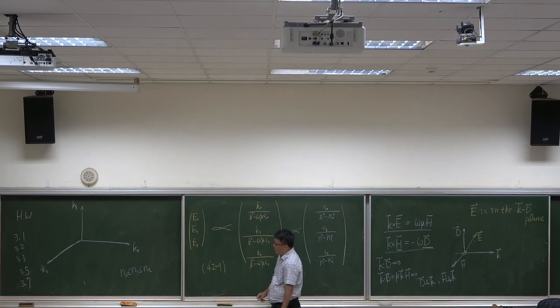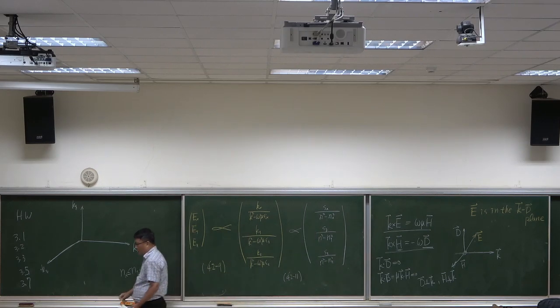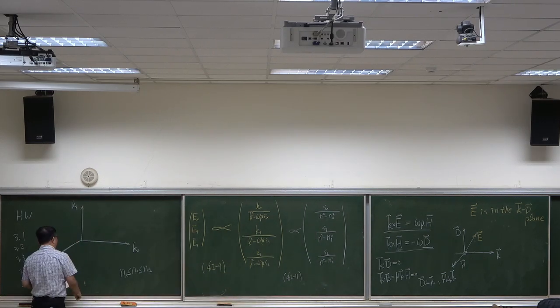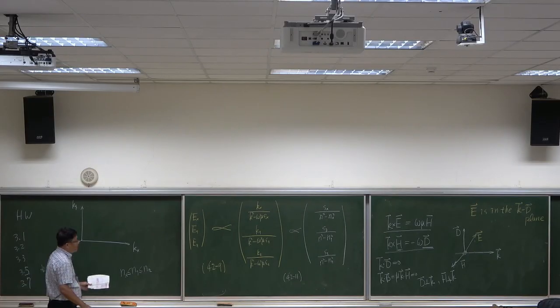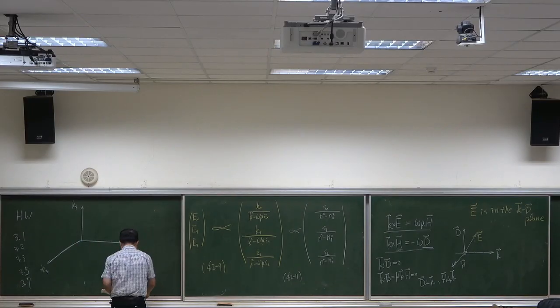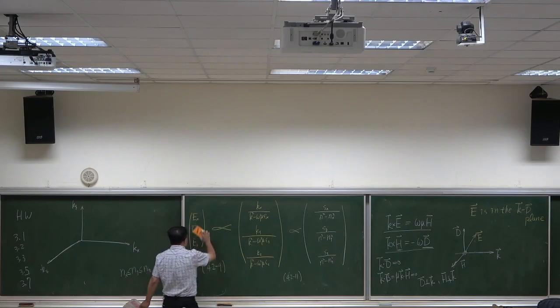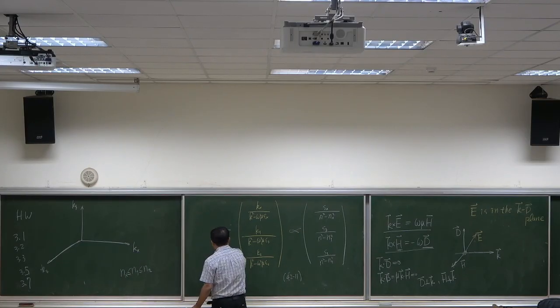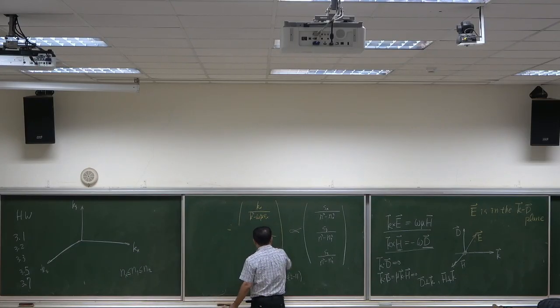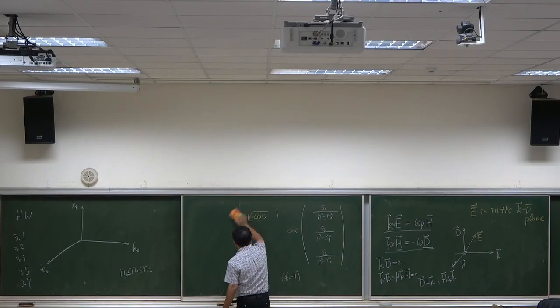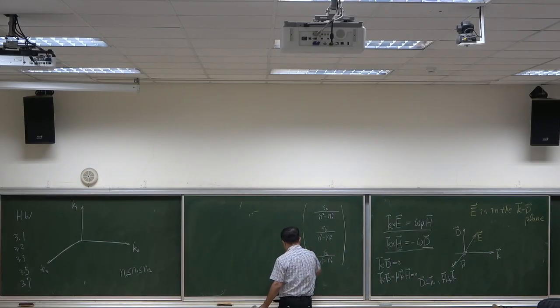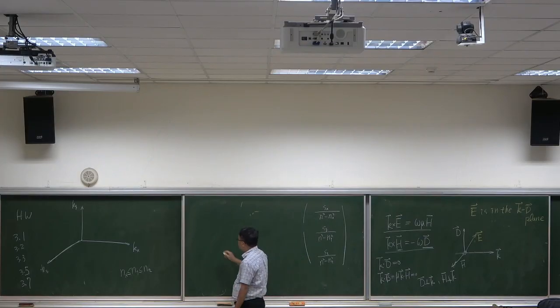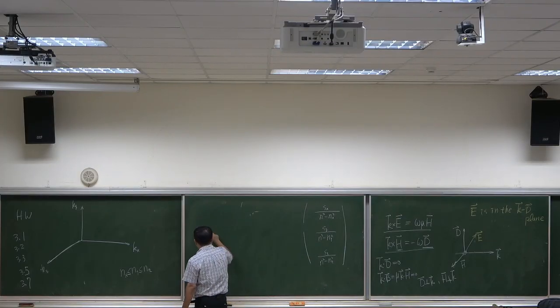Then if we plot the relation between omega and k, we have this relation.